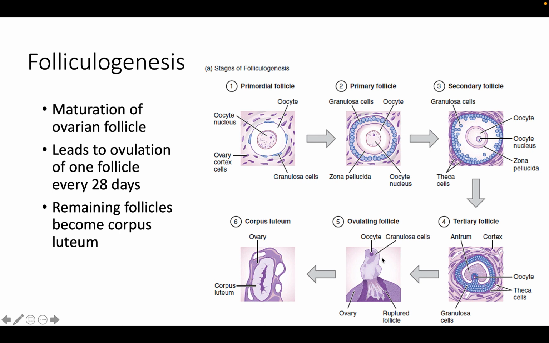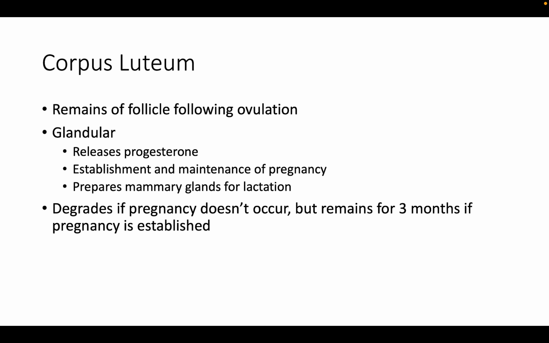You might be asking, well, what happens to the rest of the cell structure if it just spits the secondary oocyte and some of the supporting tissue cells out and the rest remains in the ovary? That remaining aspect of the follicle does not just degrade, it actually turns into a functioning endocrine gland called the corpus luteum. This corpus luteum is the remaining follicle after ovulation.